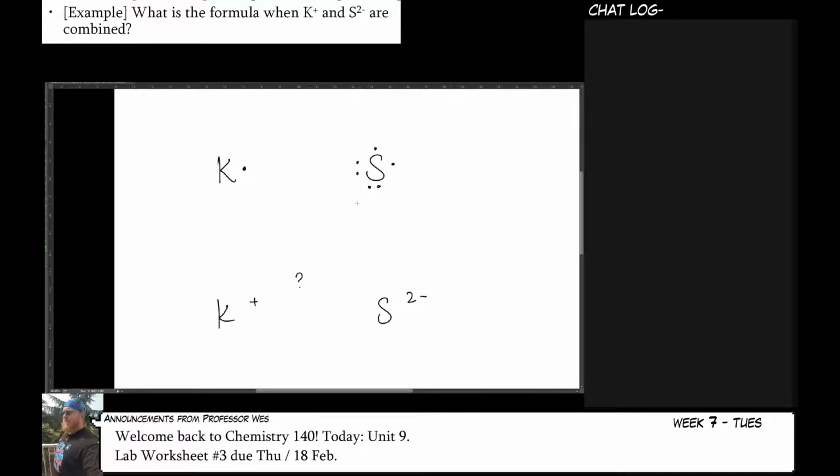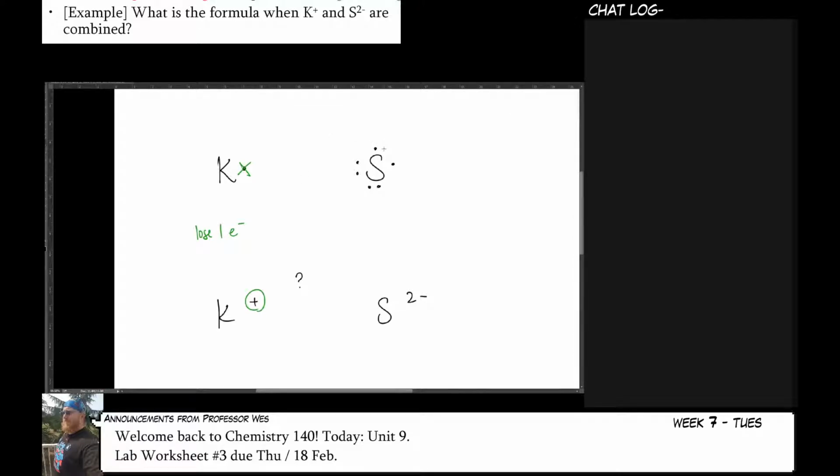Now I have to say, how do I get to an octet? To get to an octet on potassium, remember 0 or 8, I want the shortest way. I'm going to get rid of this one. So I'm going to lose an electron, which means that its charge is now this. How about for sulfur?